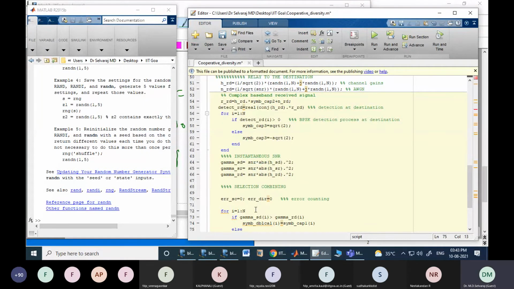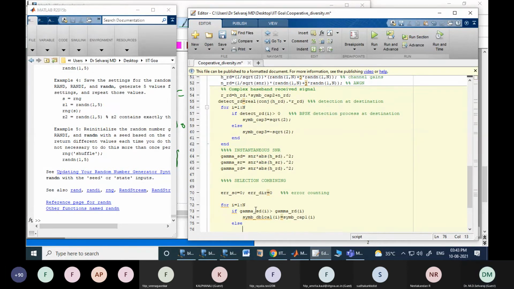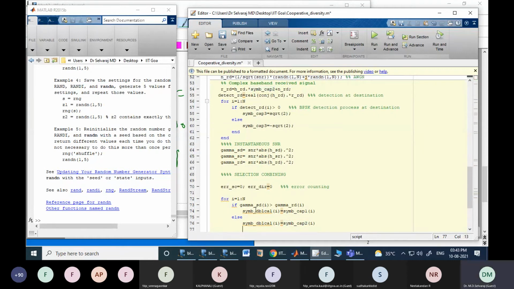Else, if it is not true, then I'll be storing the second one. Now what we did is, gamma ST, meaning the source to destination link, has a higher instantaneous SNR than the relay to destination link.